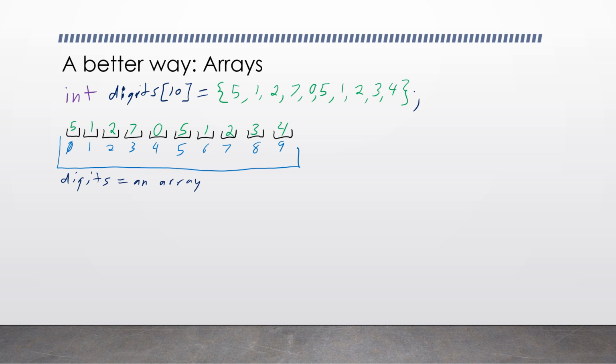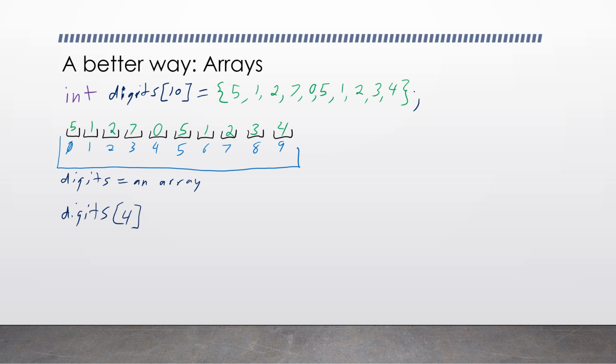Okay, so if we want to find out what the fifth digit in the phone number is, we can access digits at 4, because remember we start counting with 0, so the first digit is actually number 0 and the fifth digit is number 4.